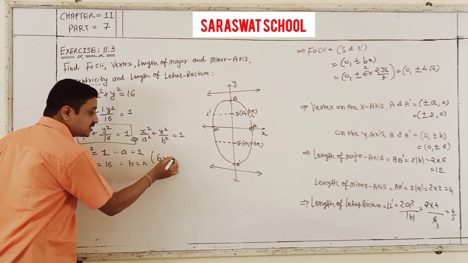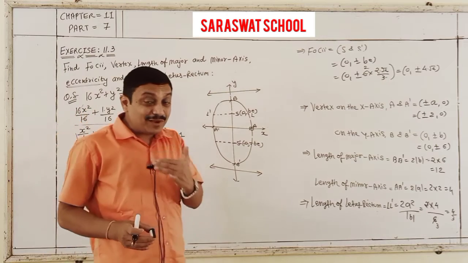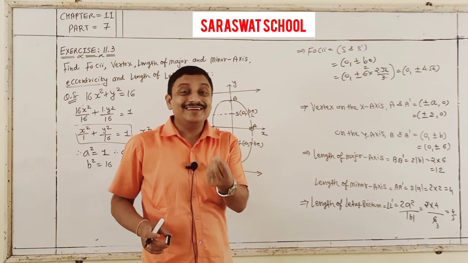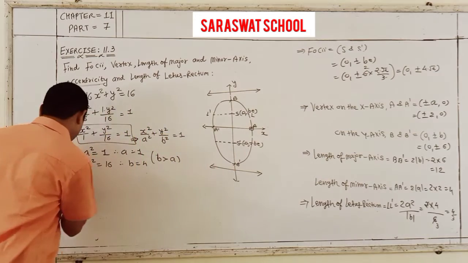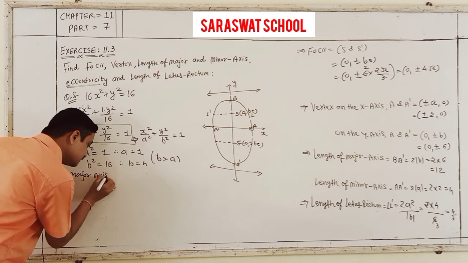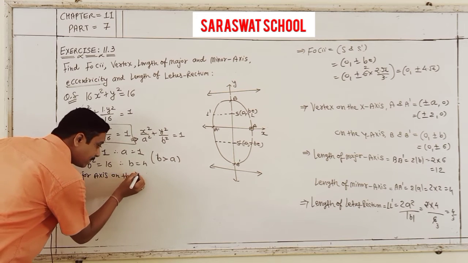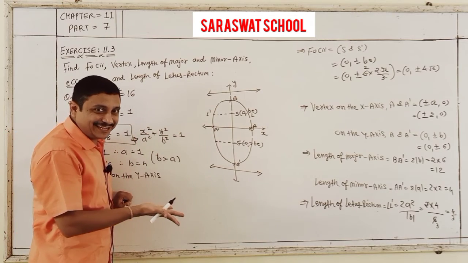And which is the highest? B is higher than a. I mean, b value is the highest compared to a. So major axis is on the y-axis. Therefore major axis on the y-axis. You must draw the drawing. Already I have written that.